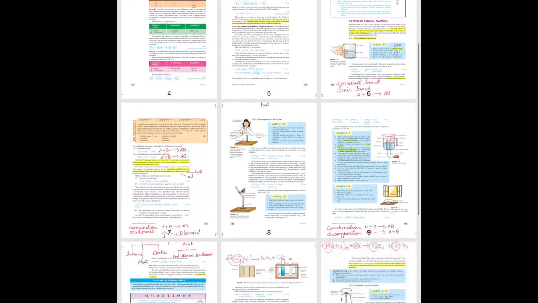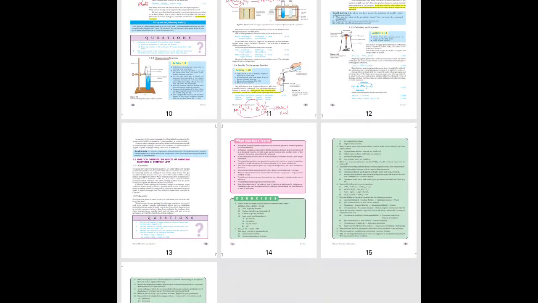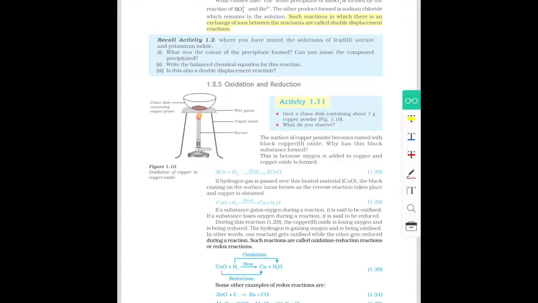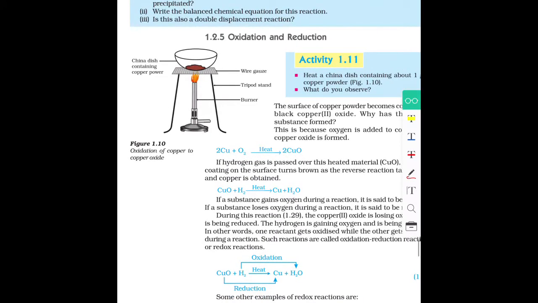Now, let us move towards the most important topic of this chapter, that is oxidation and reduction reactions. As the name tells us, oxy means oxygen, and reduction is reducing or becoming less.